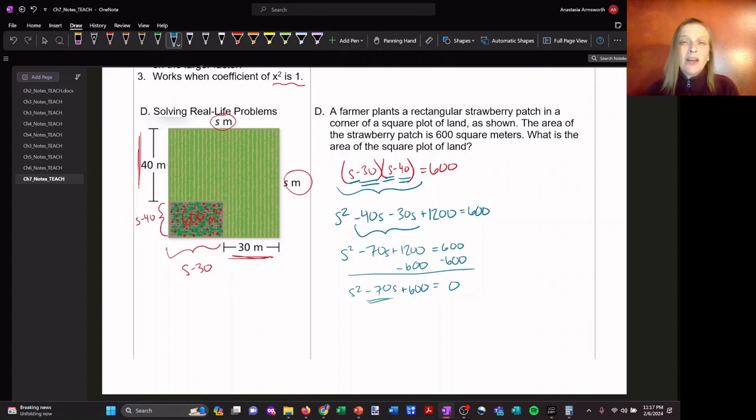Now, 600 has a whole lot of factors. I am not going to sit here and test every possible factor of 600. What you might consider doing is testing negative 1 and negative 600 as the factors.